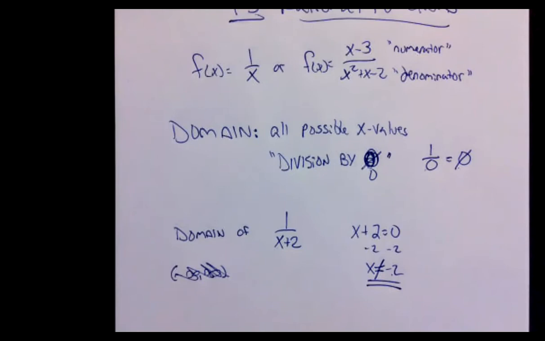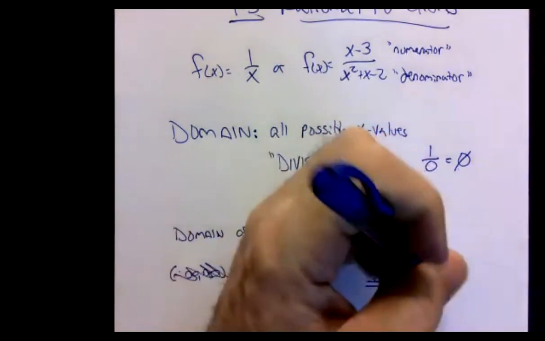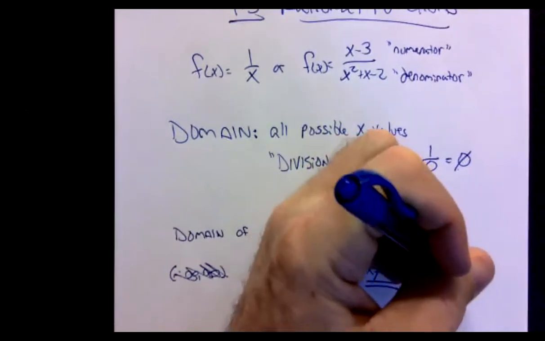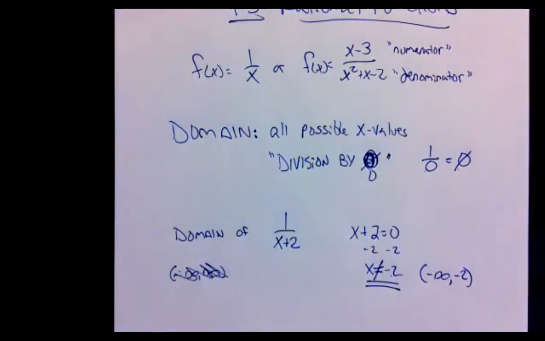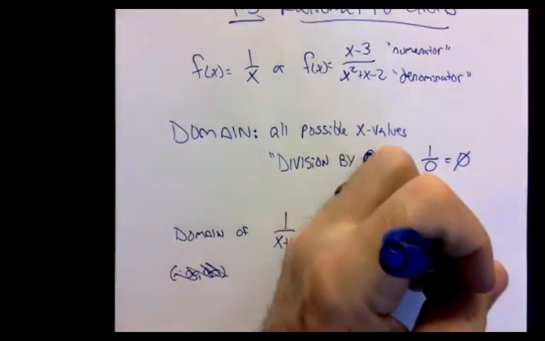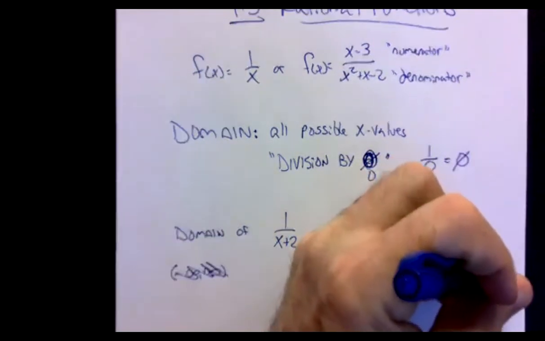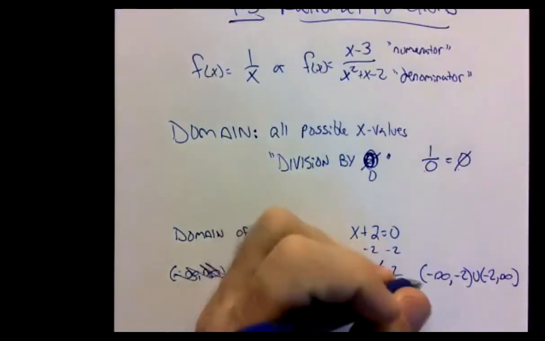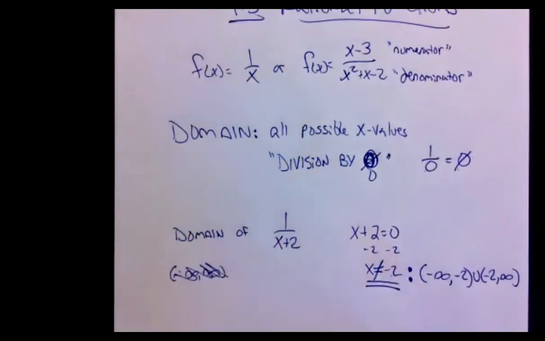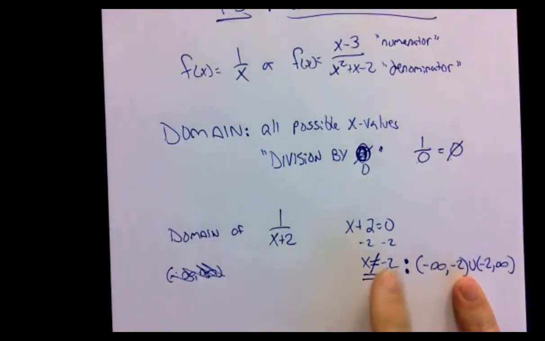And in My Math Lab in this class, they want us to write that in interval notation. So just like all real numbers was from negative infinity to infinity, interval notation for this, not equaling -2, looks like this: from negative infinity to -2, not included, and then from -2 to positive infinity. These two things here mean the same thing.